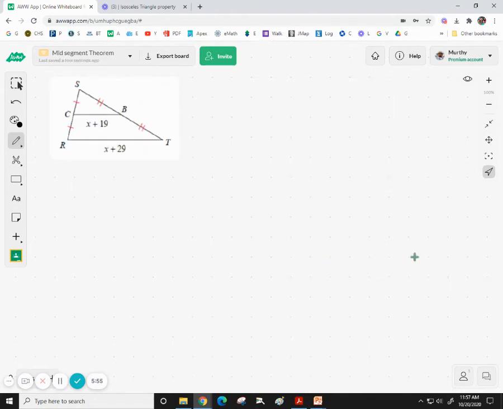Okay, in this question, once again, by the mid-segment theorem, let me take the length of BC, that's the line joining the midpoints of RS and TS, equals half of RT.